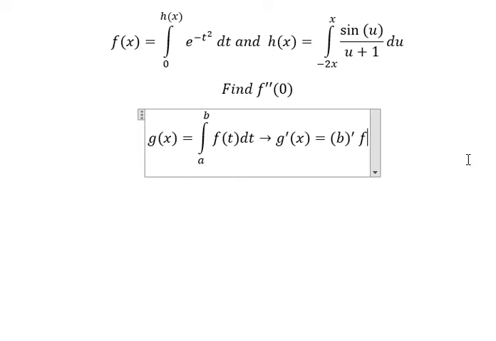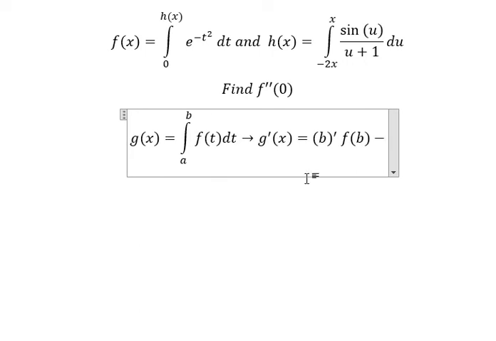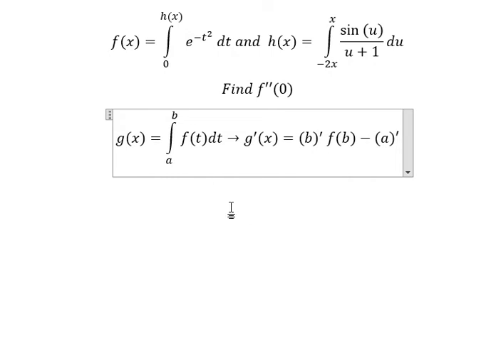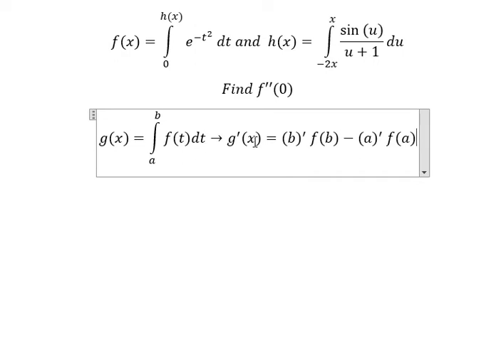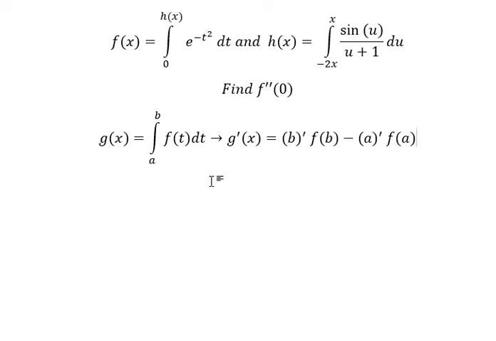So we have f of b minus, we take the first derivative of a, and the value of a will change for t. So we have f of a. This is the technique for taking the first derivative of a function that is about integration.